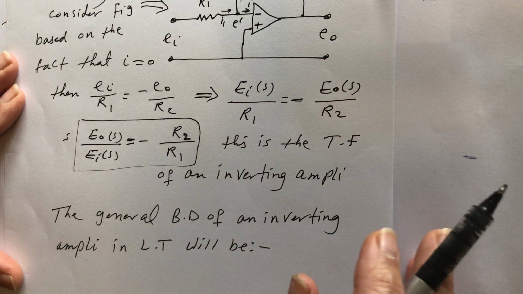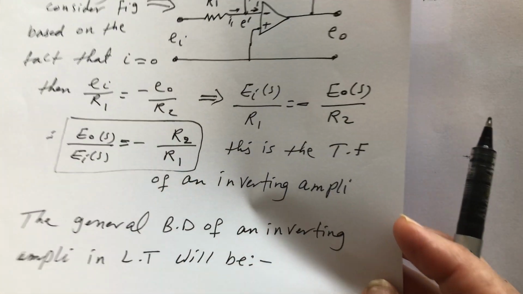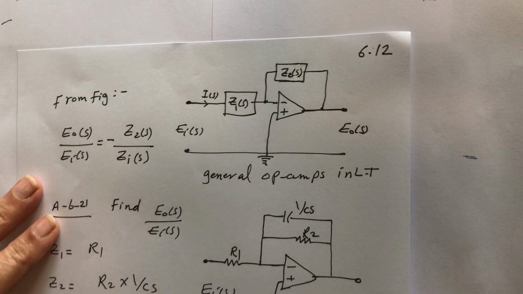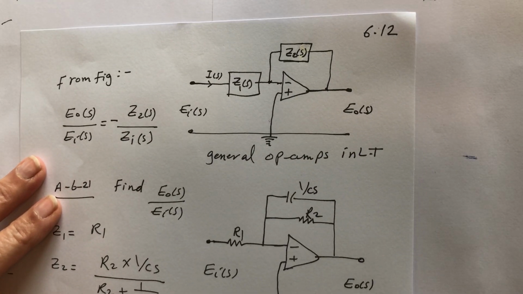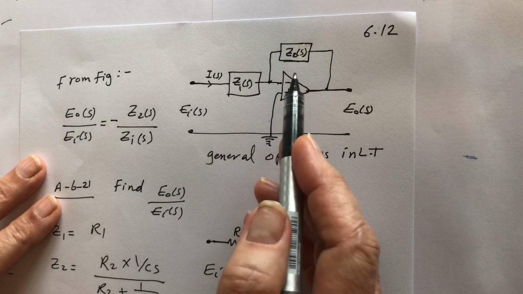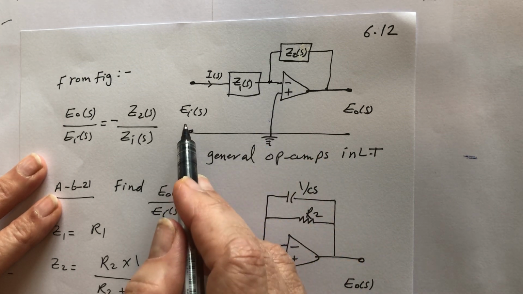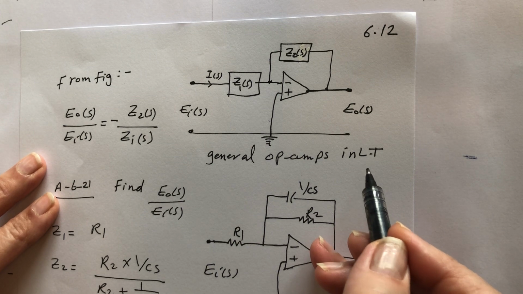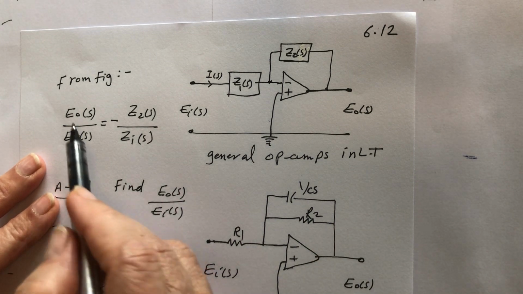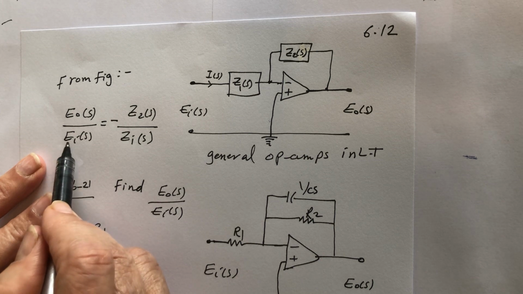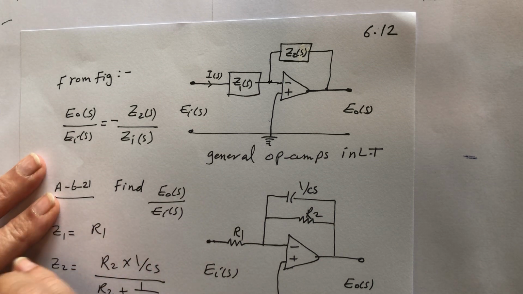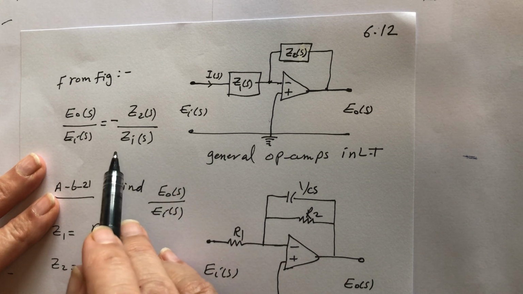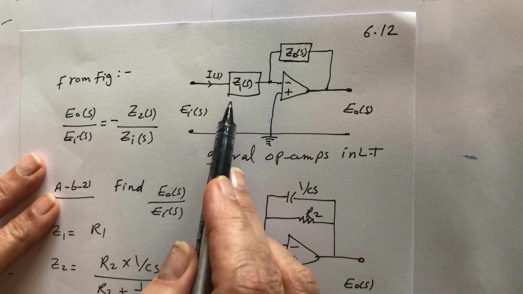From this, I can say that the general form of such an amplifier will be something like this. I mean, Z out over Z in, of course, of S. This is E in of S. This is the Laplace transform. So we know that E out over E in, we apply the rule which we did on the page before, that it's equal to minus Z2 over Z1.